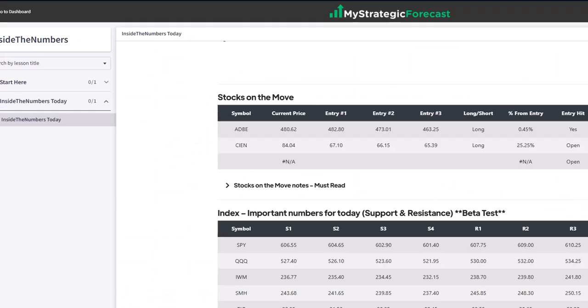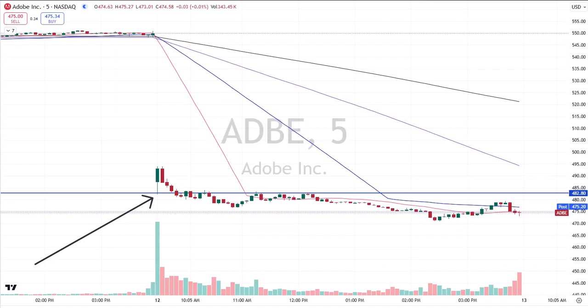What about stocks on the move? You had Adobe and Ciena today. Ciena took off in the other direction. It wasn't a trade. But Adobe at 482.80, let's take a look at what happened when it reached that number. Oh, my root. It hits the number 482.80, spikes it by pennies. The low is 482.20. That's pennies when you're talking about a $400, $500 stock.